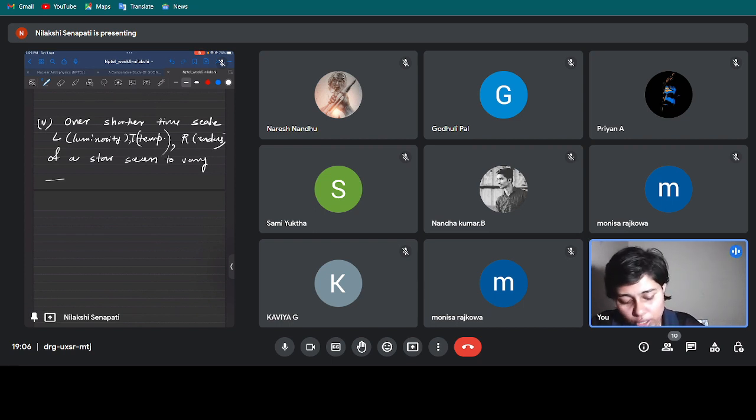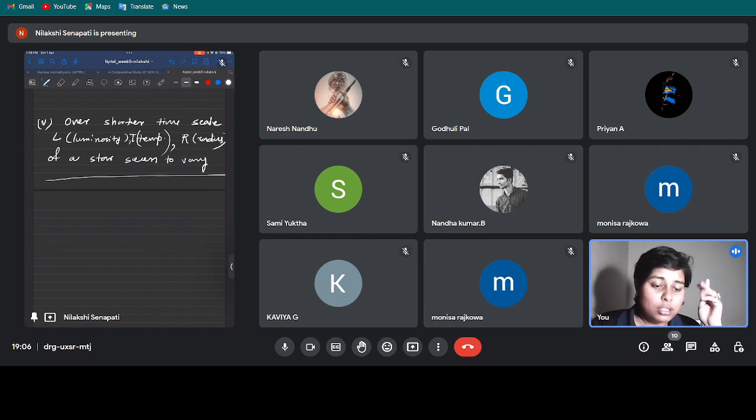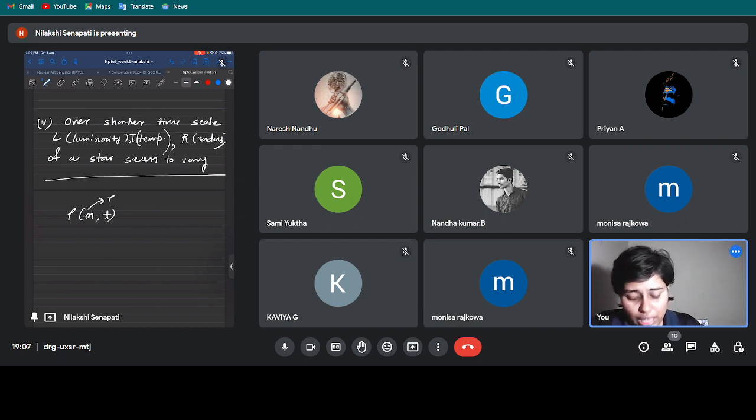According to these five assumptions, we can define three main things which are varying. That is the density, rho, that is a function of mass and time, like R and T, or M, which is also directly related to the radius. Then temperature, that is also a function of M and T, that is the radius and the time.